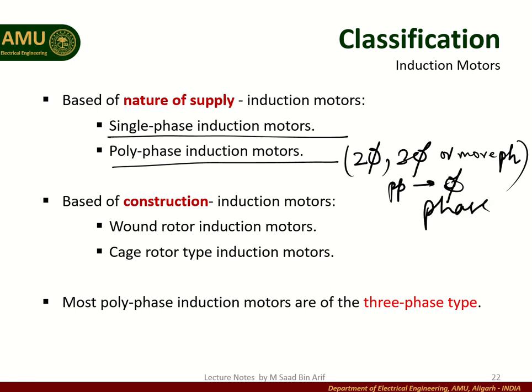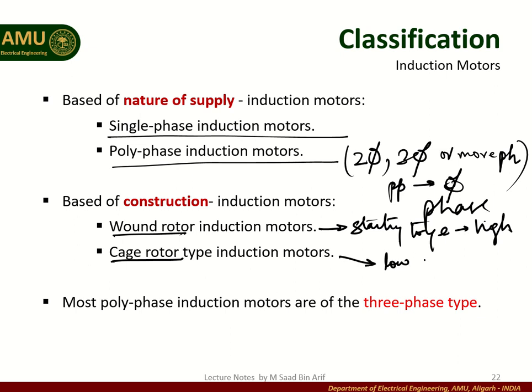Now based on the construction of the rotor, we have a wound type rotor and a cage type rotor. Wound type rotors are used where we require a high initial torque, that is, the starting torque requirement is high. In case of a cage type rotor, it is used where low starting torque is required.